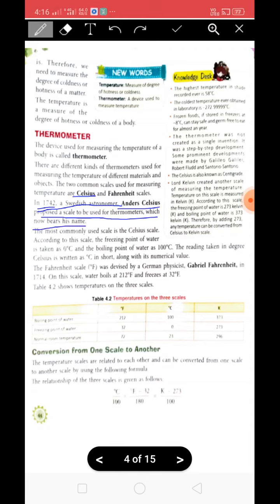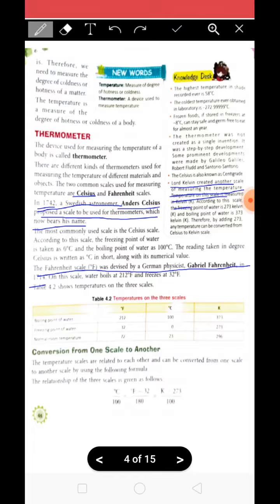This point will be written over here. About Fahrenheit, the Fahrenheit scale was devised by a German physicist, Gabriel Fahrenheit, in 1740. About the Kelvin scale, Lord Kelvin created another scale of measuring the temperature. The temperature on this scale is measured in Kelvin. This is what you will write about the 3 scales.